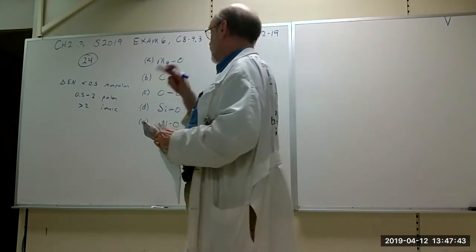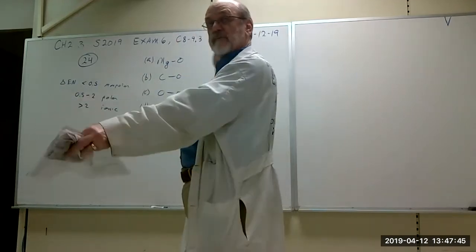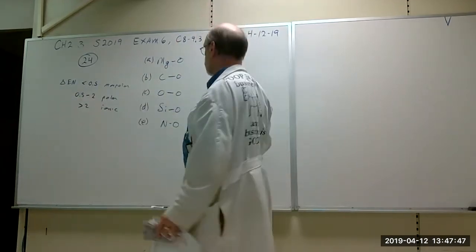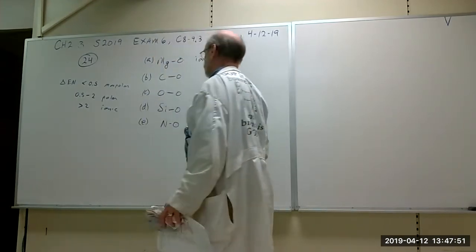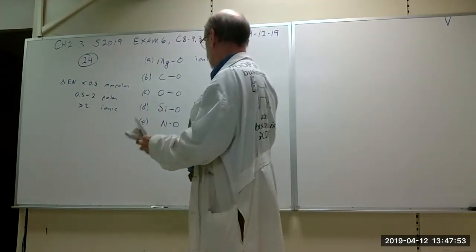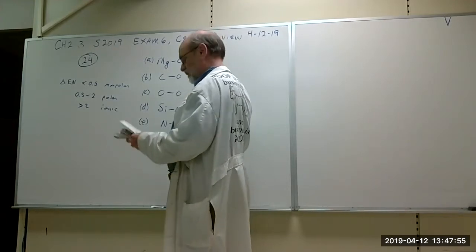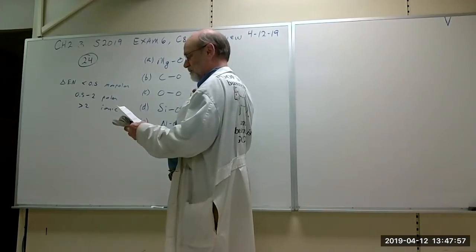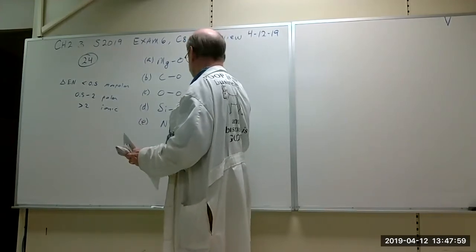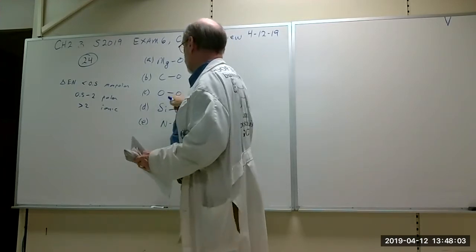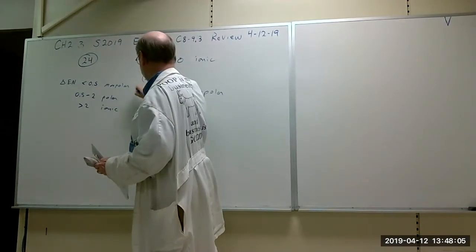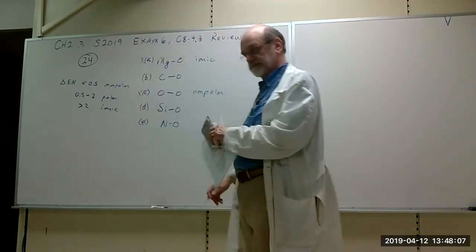Definitely magnesium and oxygen, because they're on opposite sides of the periodic table. So this one's ionic. That one's covalent, but it's nonpolar, because they're equal. So we can get rid of this one and this one right off the bat.